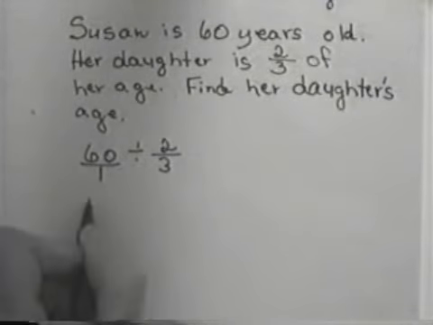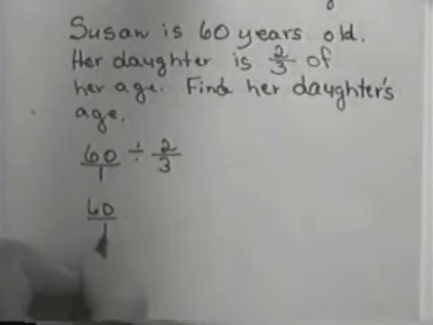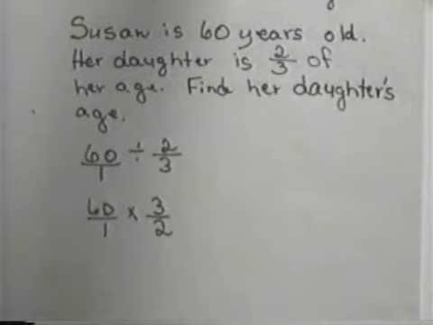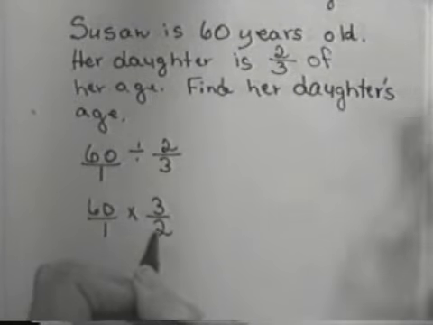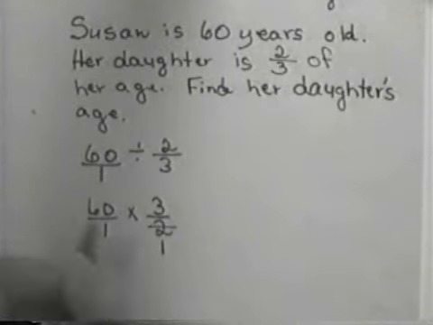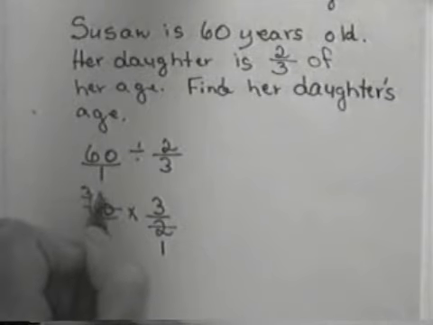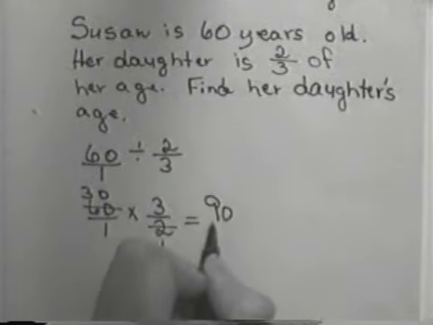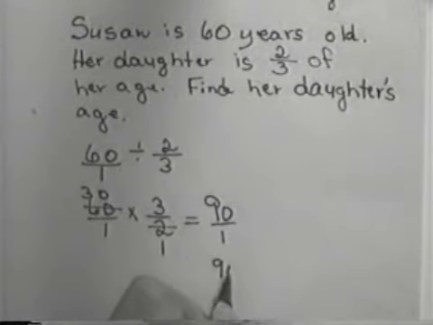So we'd have 60 over 1 times 3/2 because we invert and multiply. And then we'd start to reduce here. And then when we multiply it across, we'd get 90 over 1, or 90.